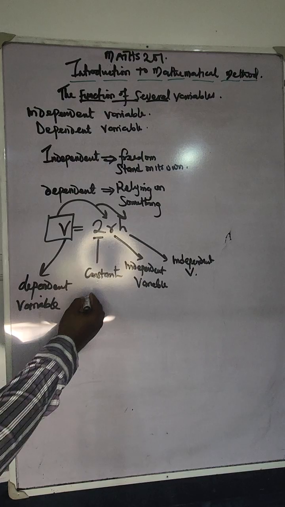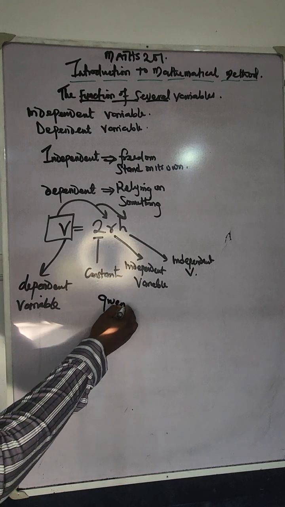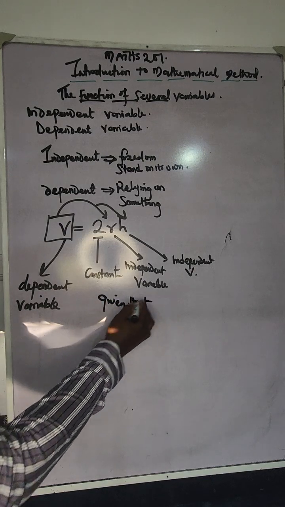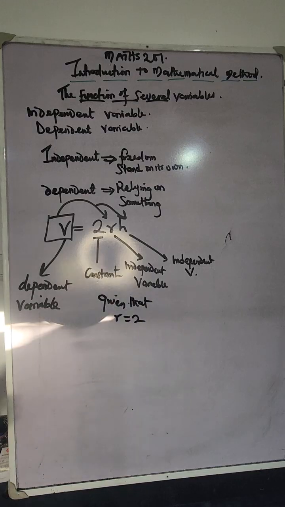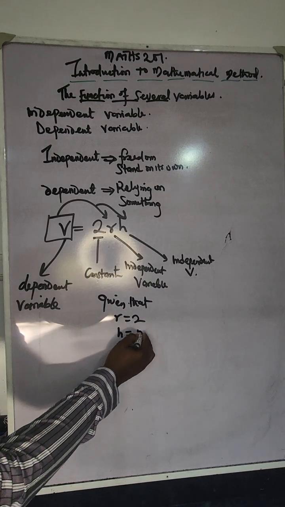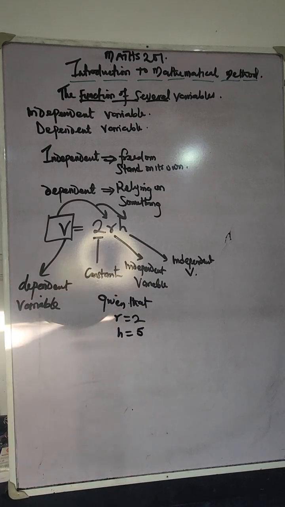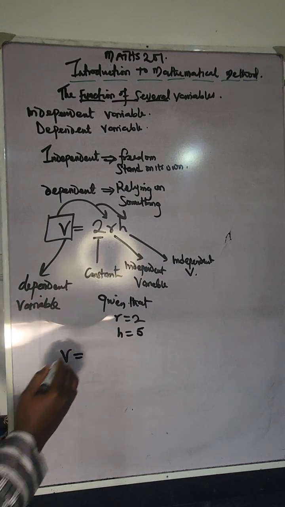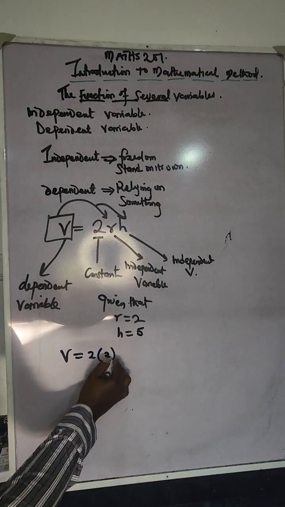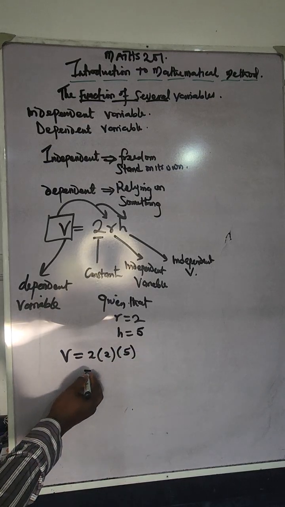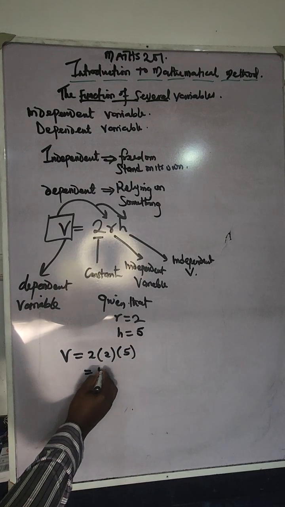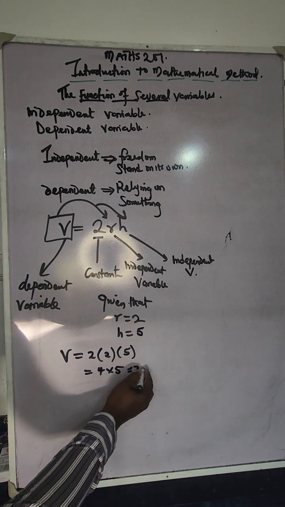Let's cite an example. Given that R is 2 and H is 5, then we are able to calculate the value of V. Then we can now say that V is 2 into the bracket of 2 into the bracket of 5. It means 2 times 2, which is 4, multiplied by 5, which is 20.